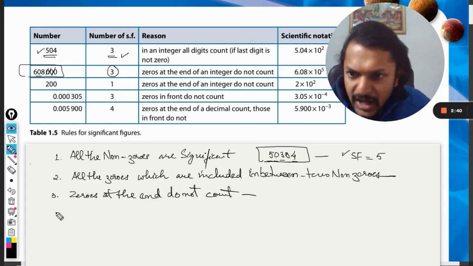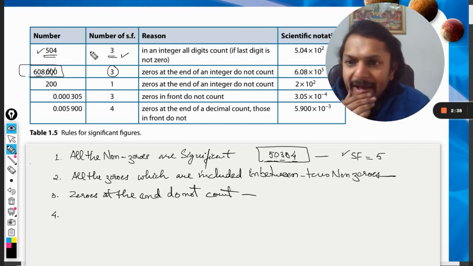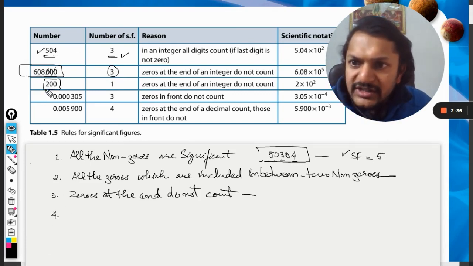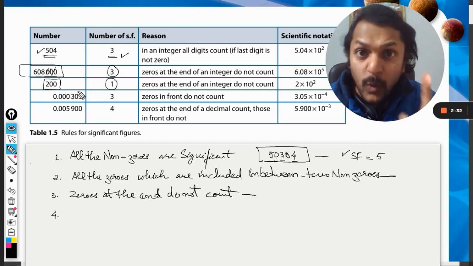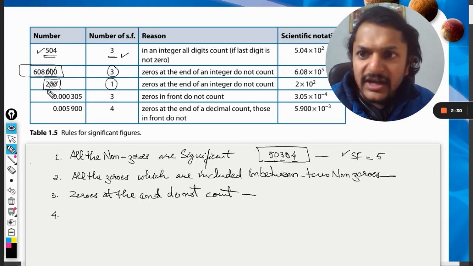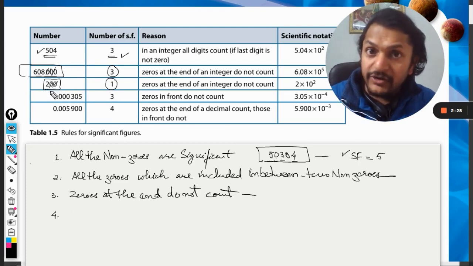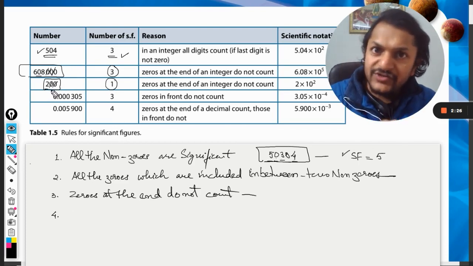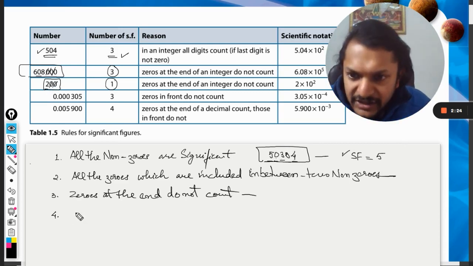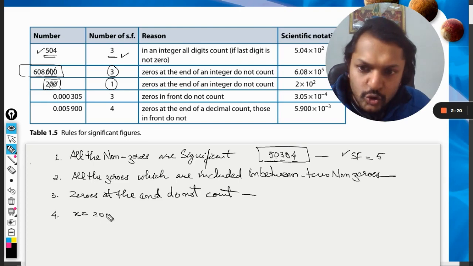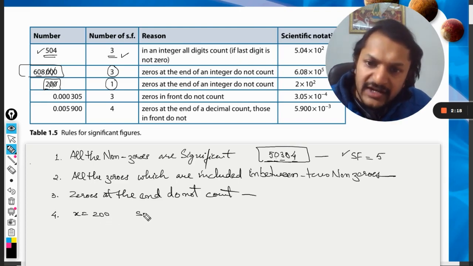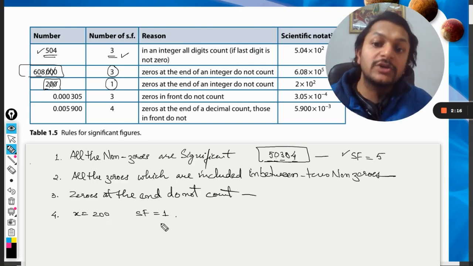Okay, now point number 4. Now this is like 200. This is a very simple example. The number of significant figures is 1, and these zeros are again not included in our calculation, but there is a catch. If I say that the number is 200, definitely the significant figure will be equal to 1.